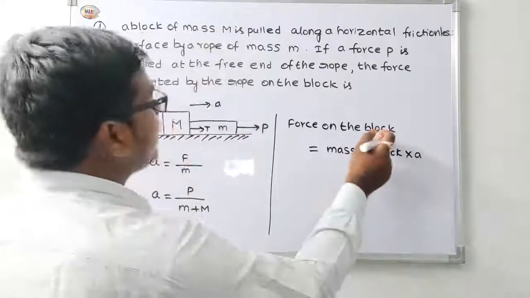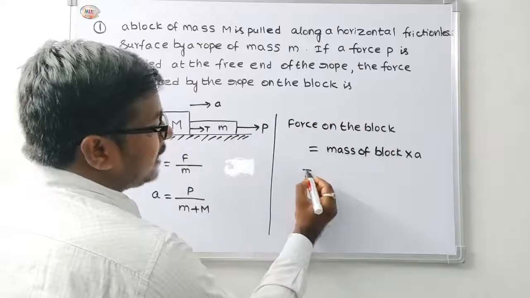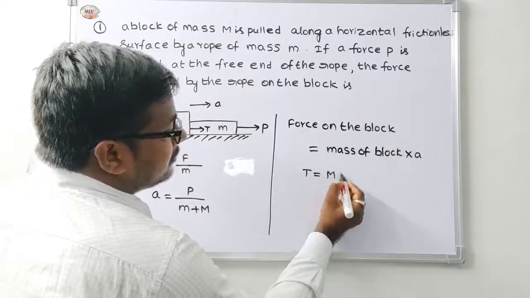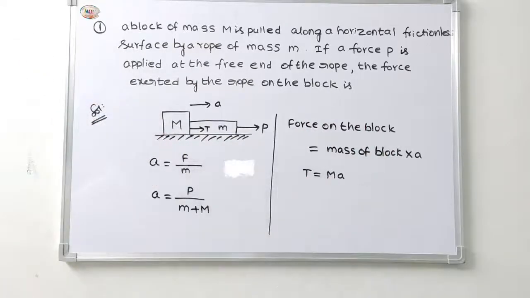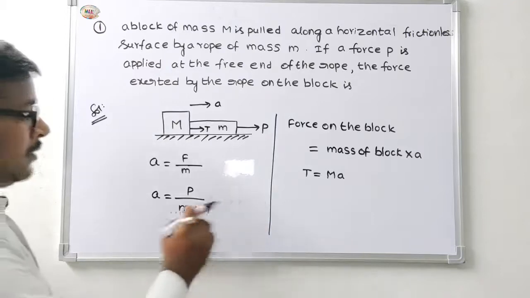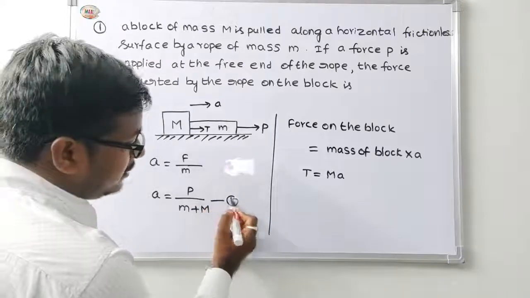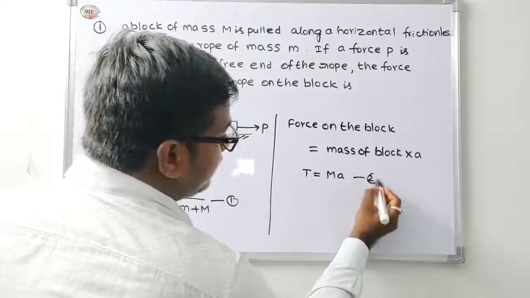The force on the block, the tension force T, is equal to MA. In this, A is equal to P by M plus m. Then T is equal to MA. This is equation number 1, and this is equation number 2.